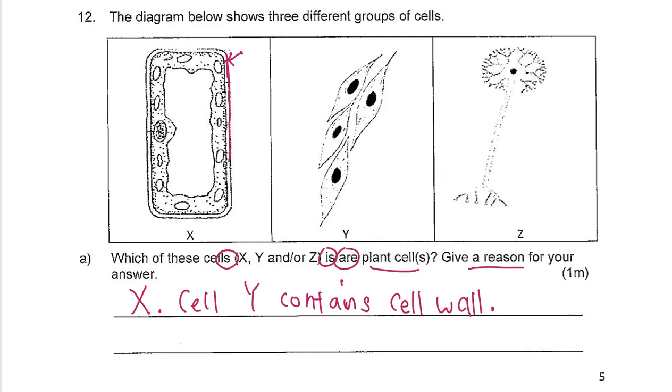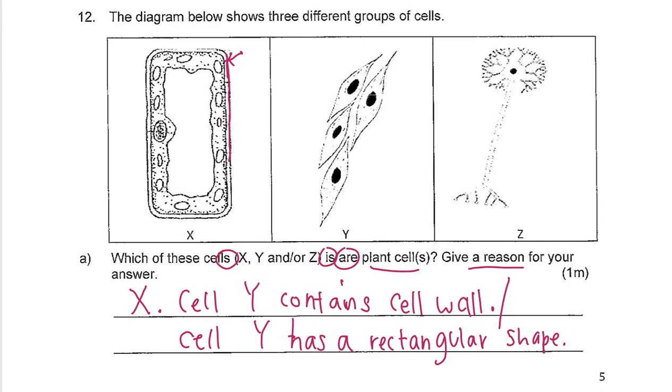Now, many of you are putting it in terms of the shape. Now, it is not wrong to talk about the shape, but if you would like to say the shape, you would want to say something like cell Y has a rectangular shape. Okay.